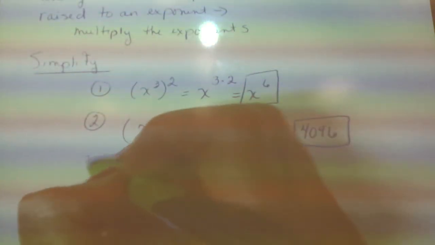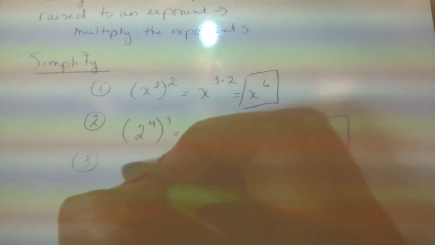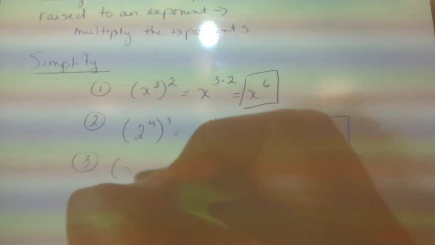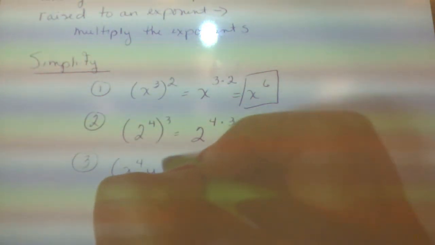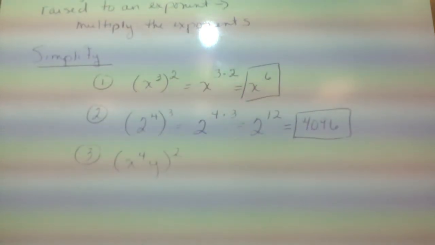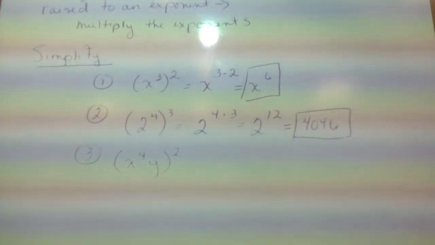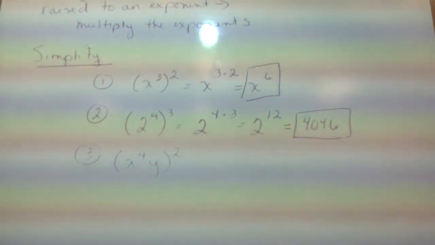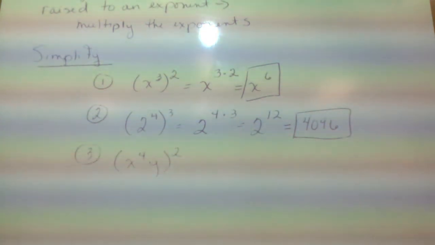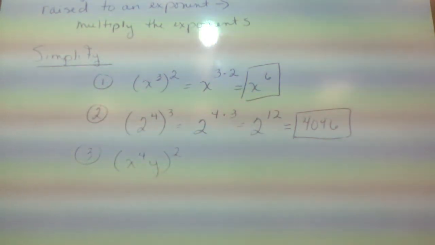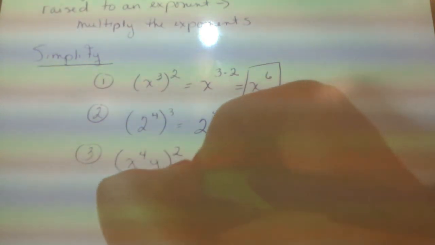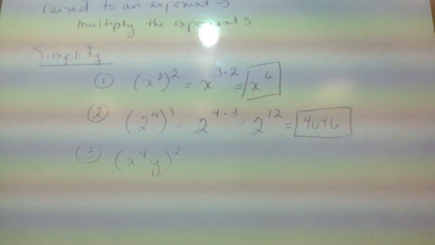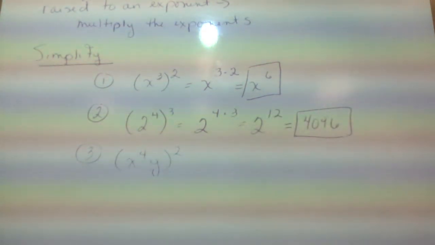Let's take a look at number 3. Now number 3 is going to have 2 variables. I've got x to the 4th y raised to the second power. Now inside of the parentheses, I'm going to make sure everything has an exponent. So that x has an exponent of 4, but that y doesn't have an exponent. It really does, you just don't see it. So what I'm going to do is I'm going to put in a 1 here.